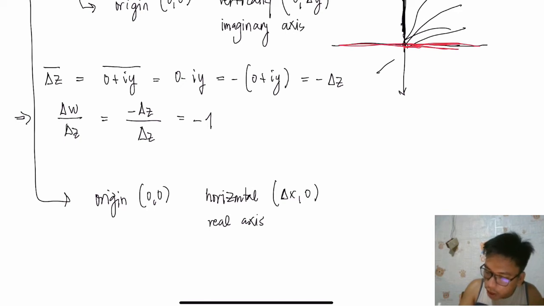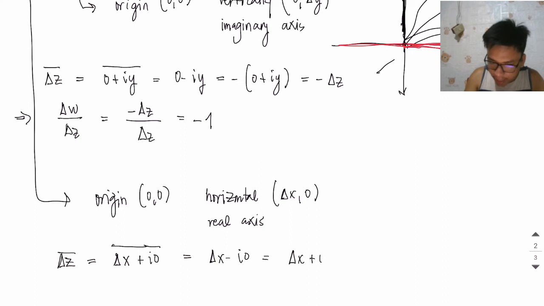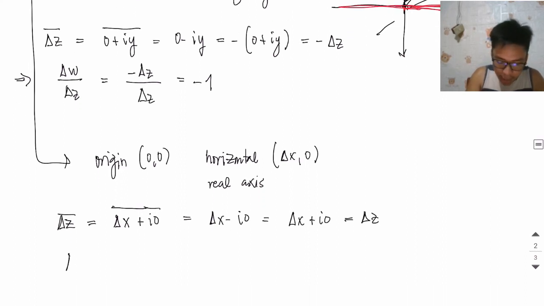So we approach the origin, and we have delta z bar, which is the same as delta x plus i0. So this is simply delta x minus i0, and this is just the same as delta x plus i0, which is equal to delta z. Meaning delta w over delta z is delta z over delta z, and this is equal to 1.